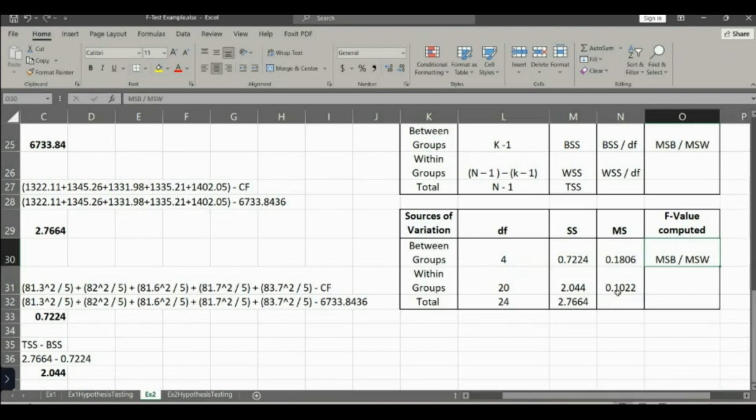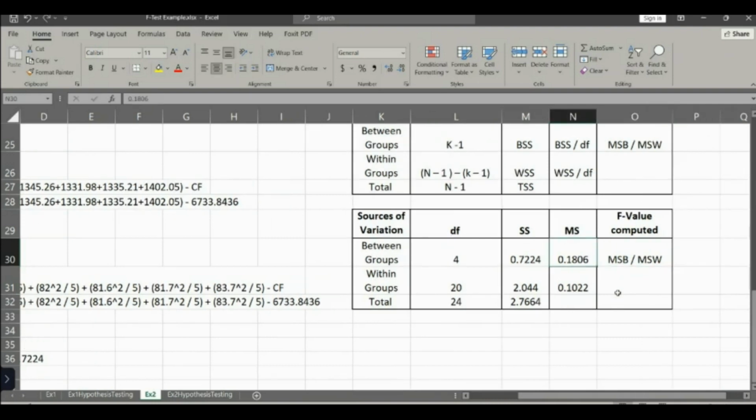Okay. Lastly, for our F value, get the quotient between 0.1806 and 0.1022. And that would be your F value.